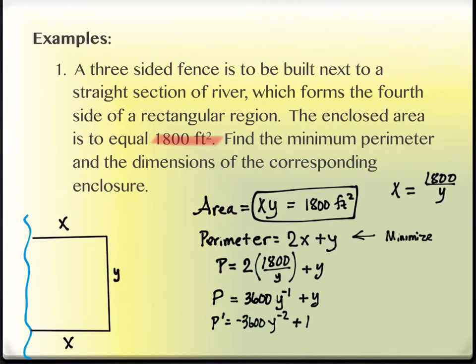And the absolute biggest reasonable thing we could do is let y equal the entire length of the fence too, but that wouldn't work either. So y would in fact need to be bigger than 0. And then it's got a cap on it for it to make sense, and we can take a look at that later. But at the very least, we know y is greater than 0.